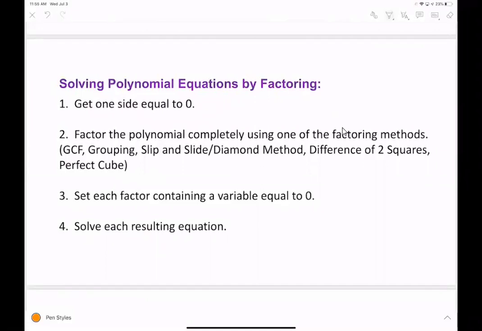Once we do this, we want to determine what method of factoring we will need to use. Of course, remember we've got GCF, grouping, slip and slide diamond, difference of two squares, or perfect cube. Once we make that decision and factor, we will set each factor that contains a variable equal to 0, and then we will solve the resulting equation.